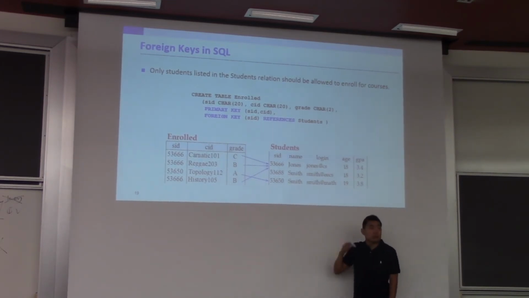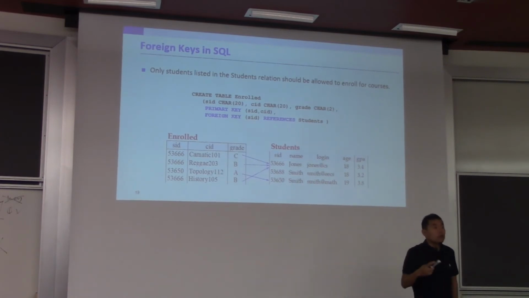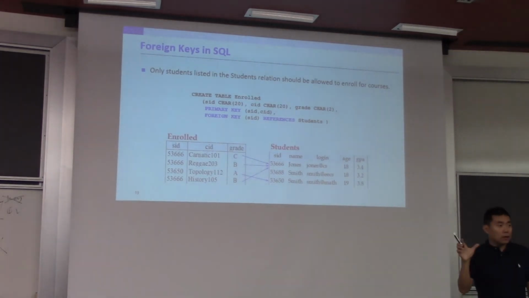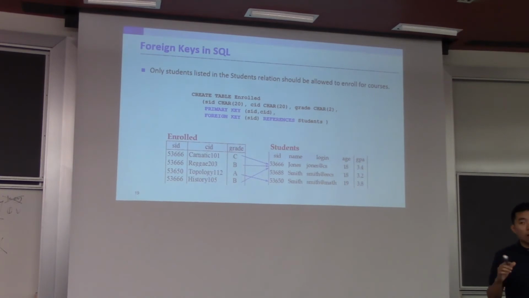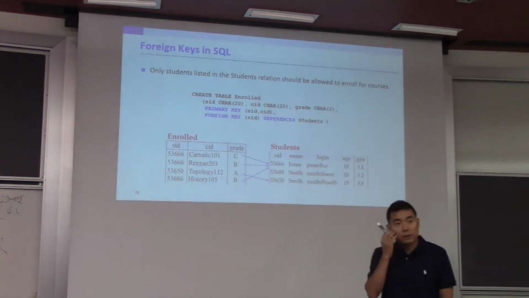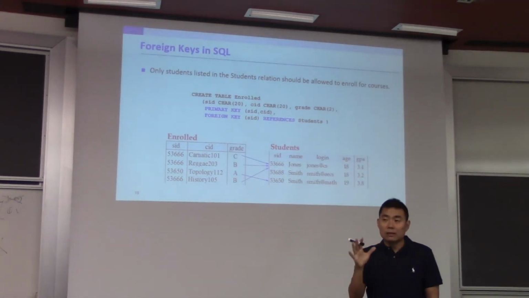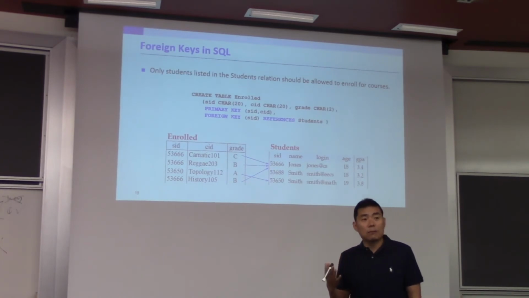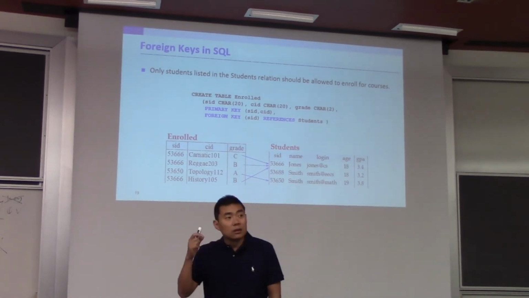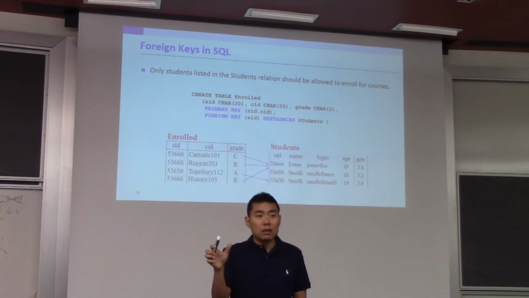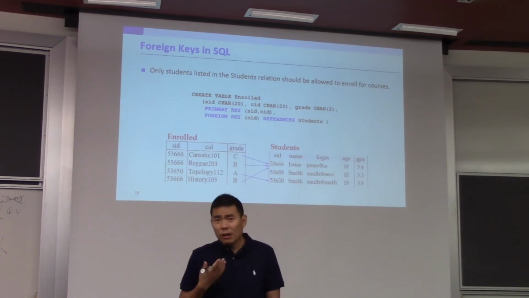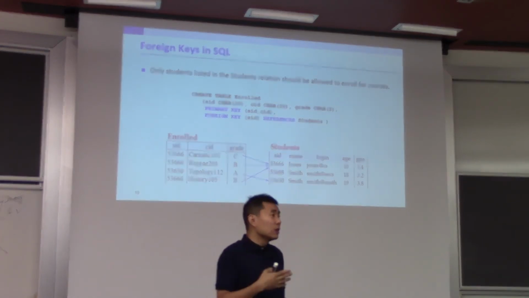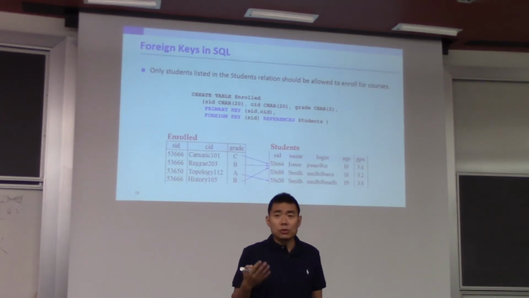That's totally fine because it is an integer. You need some additional machinery in order to enforce such constraints, and we will talk about how to do this later on. For now, we just try to understand the concept of ICs and some really simple examples of ICs. One is the type information from your schema. Another form of integrity constraint is actually specified by the usage of foreign key.